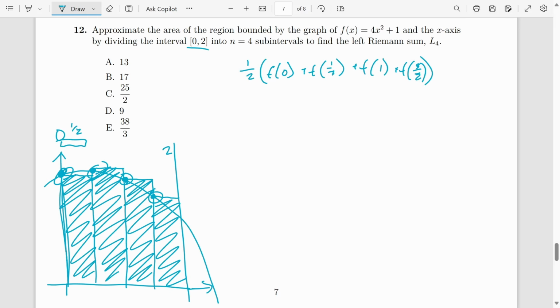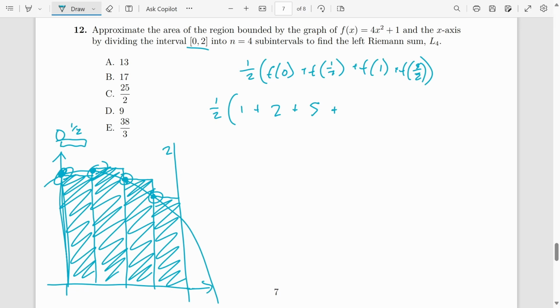And then when we add all of them up and multiply by 1/2, that's going to find the sum of all of these rectangles. So let's go ahead and calculate this. 1/2 times f of 0, that's going to be 1. F of 1/2, that's going to be, let's see, 1/2 squared is a fourth. 4 times a fourth is 1. 1 plus 1 is 2. F of 1, that's going to be 4 plus 1 is 5.